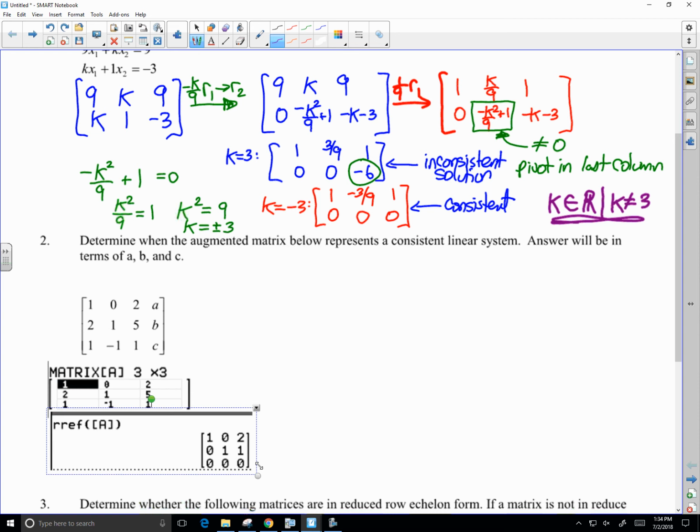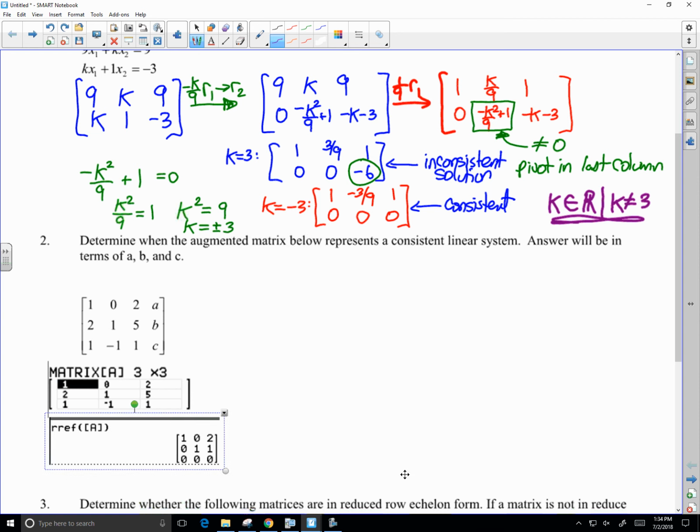All right, the reason I say that, hopefully you already know why, but just in case, it's this last row that's the problem. Because if I need this to be consistent, what I need is for the last entry to also be equal to 0. Right? Because if your pivot value is in the last column, it's not a consistent solution.